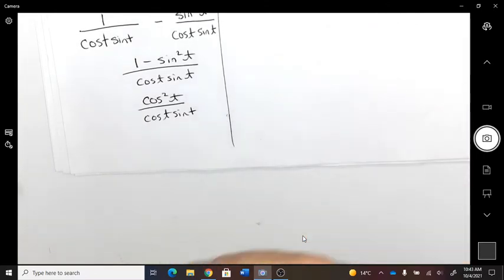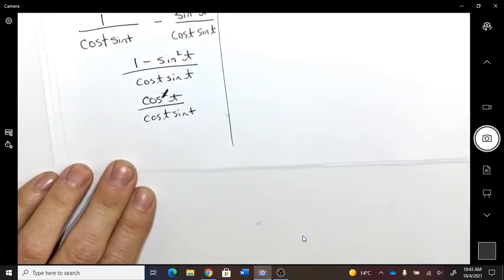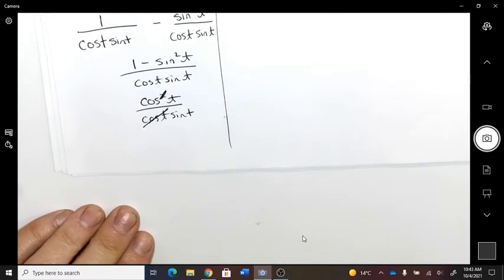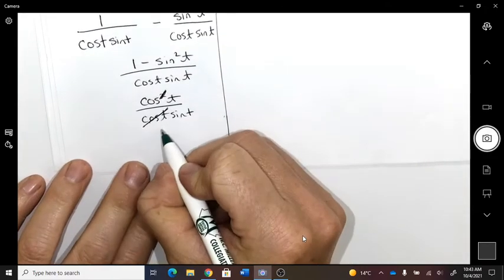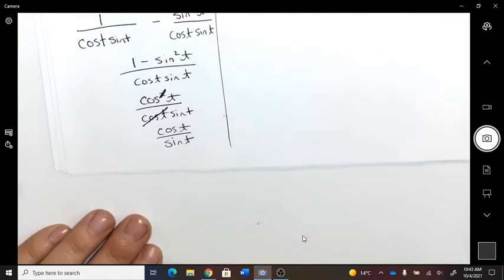You can cancel a cos. If it goes out of the top, I'm just going to cross off the square, and if it goes out of the bottom, I'm left with a cos t over sine t.